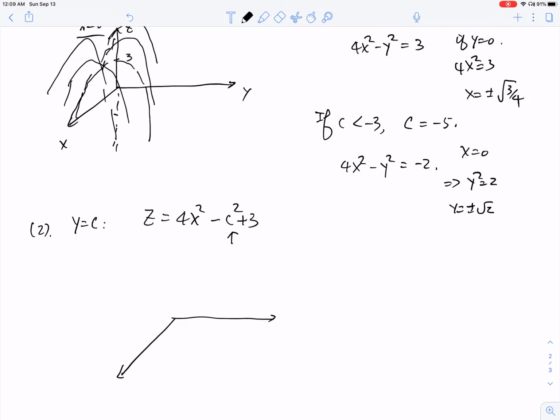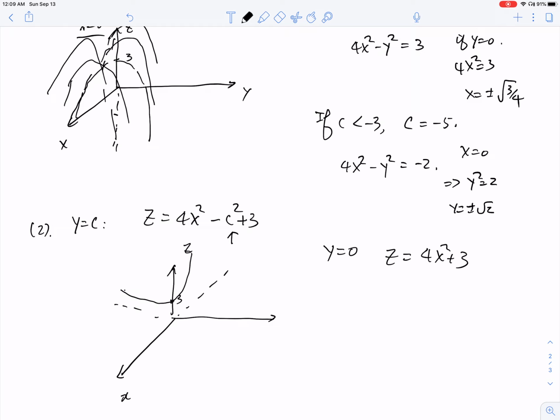Again, we're going to first try when y is equal to 0, because that's the xz plane. This is z, this is x. So in the xz plane, we're going to have z is equal to 4x squared plus 3. So that's going to be over here. This is 3, and this is like that.